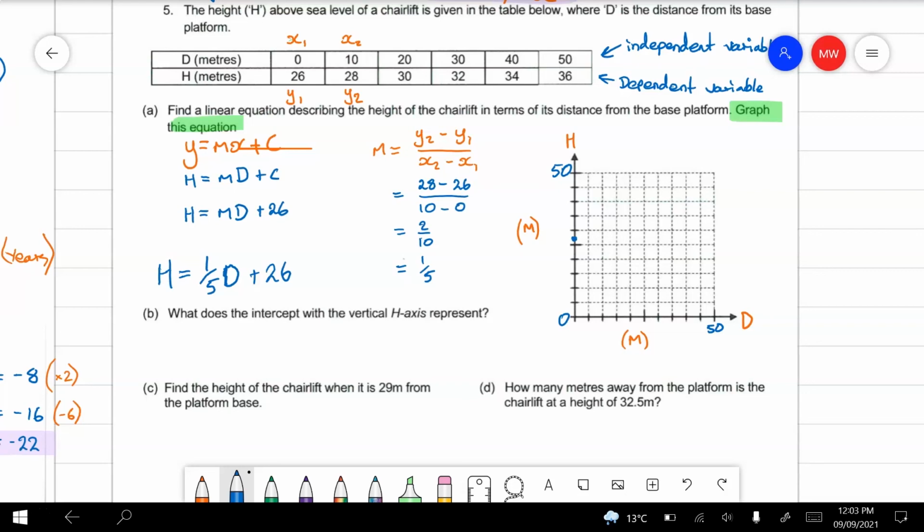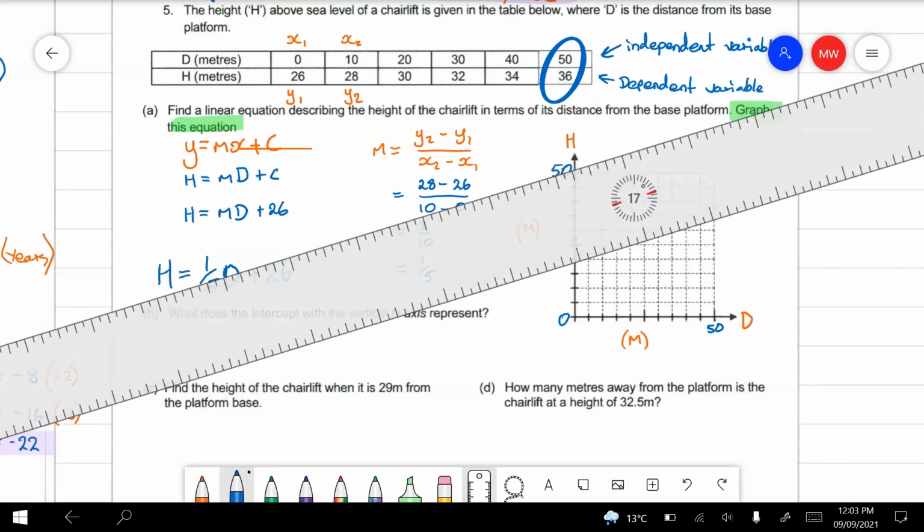And we only need to choose one other point. Remember, it's linear, so don't bother plotting all of them in. Let's go for the last one. When it's travelled 50 meters, it's 36 meters high. So let's go 50 meters. It's going to be 36, which is going to be roughly here.